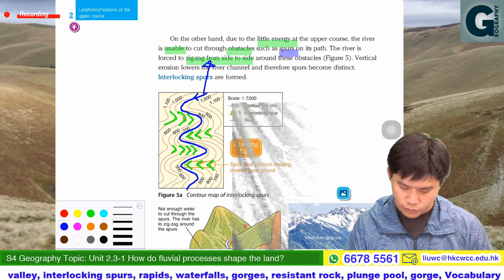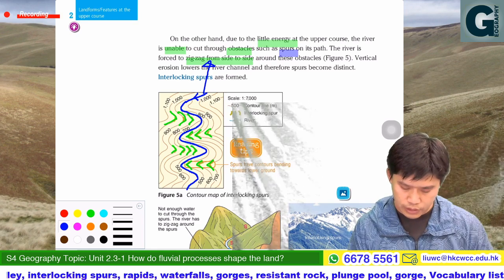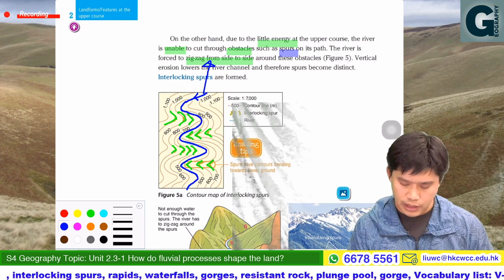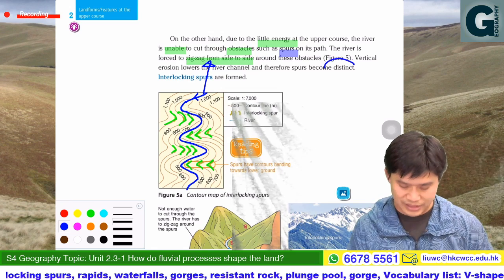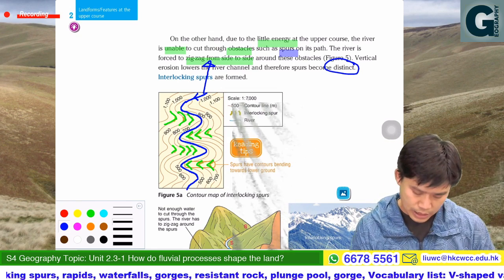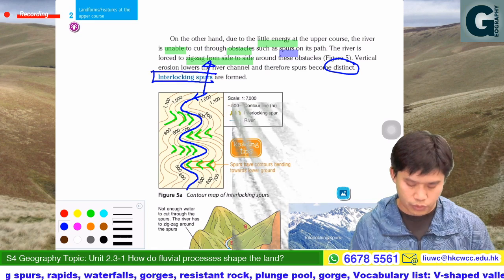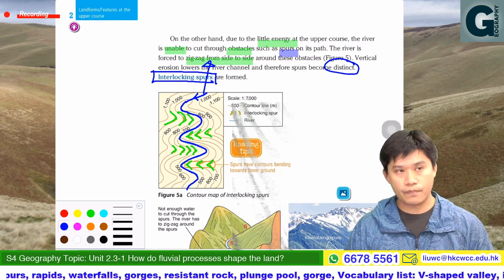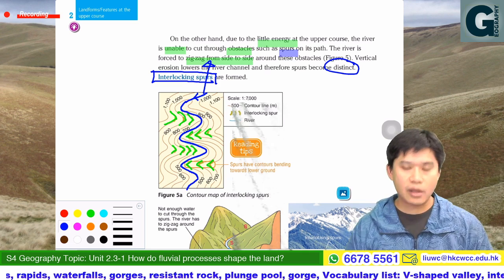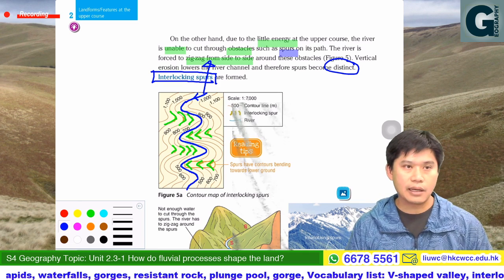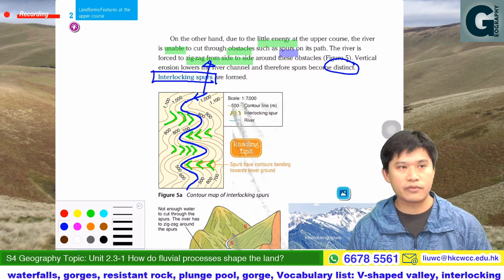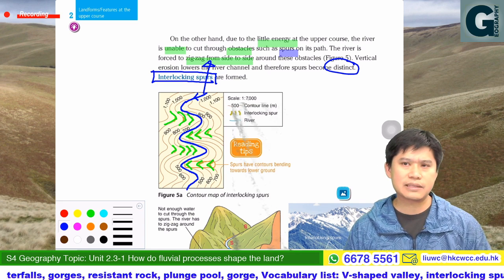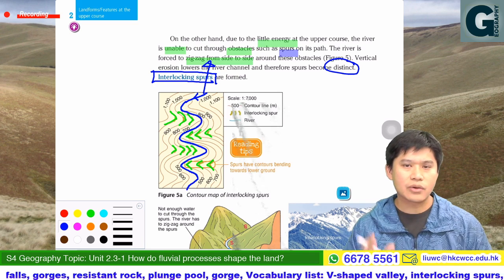we may see that vertical erosion lowers the river channel, and then the spur will become more distinct, and an interlocking spur is formed. So the interlocking spur exists together with the V-shaped valley in the upper course.